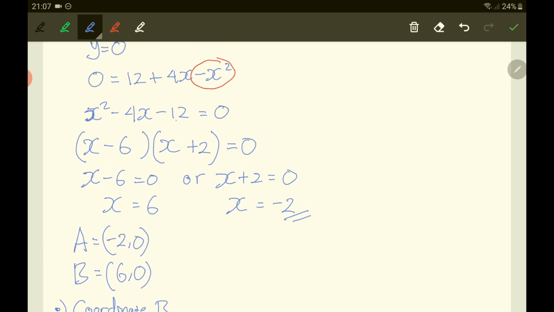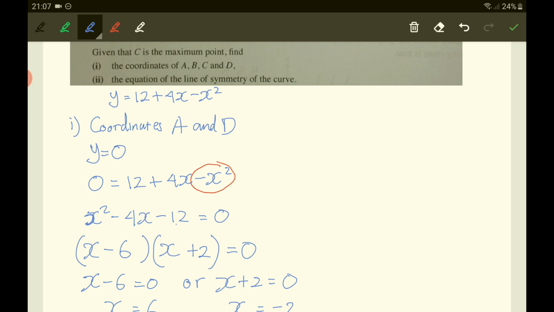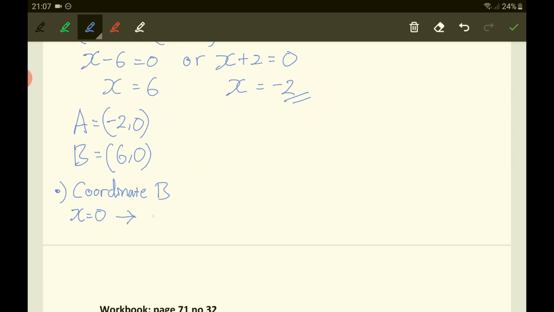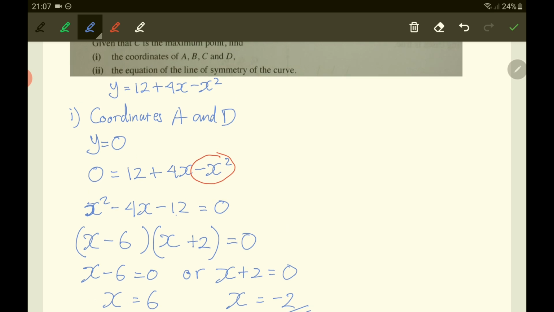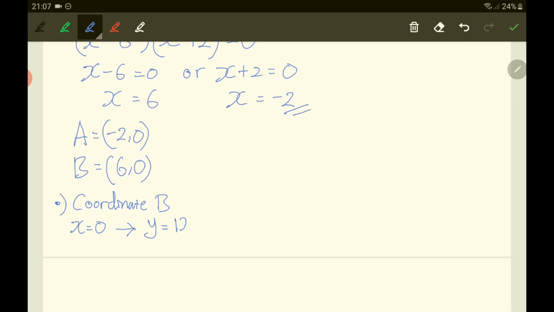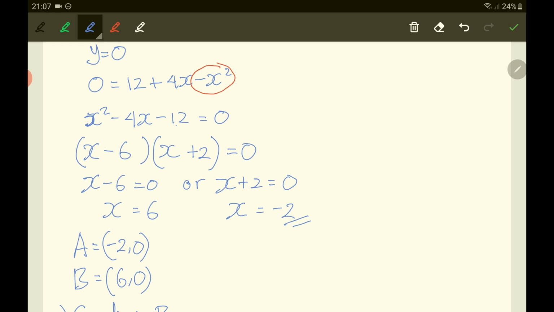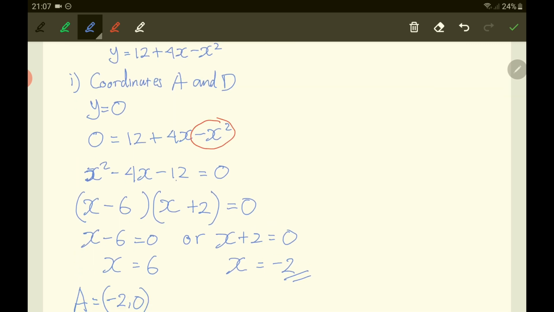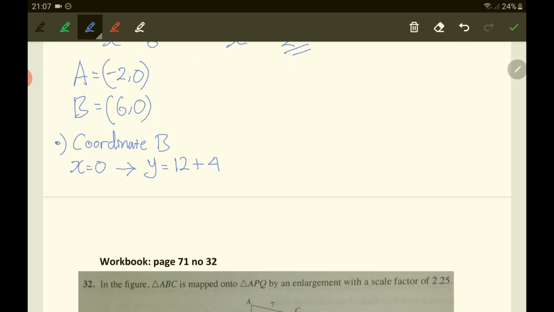So just substitute into the equation. What is the equation? y equals 12 plus 4x minus x squared, and we change the value of x into 0. So 4 times 0 minus 0 squared, so this is just equal to 12.